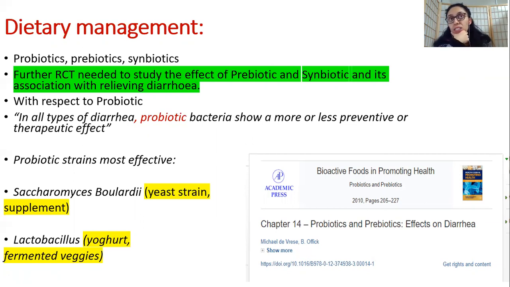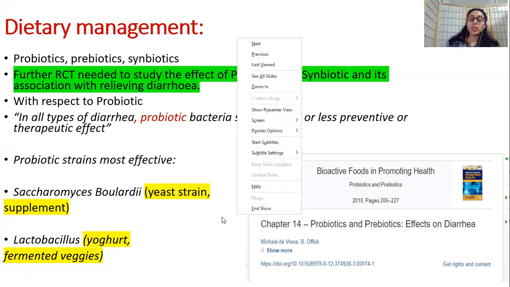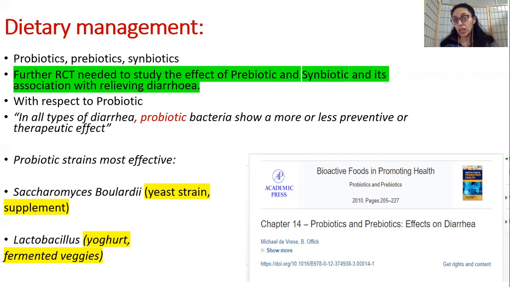But do remember, guys, you have to understand what the type of diarrhea is and which management technique to use. For example, if it is osmotic diarrhea, and you're giving a lot of yogurt to the patient, thinking that you're giving a lot of lactobacillus, this may turn very osmotic in nature, and the patient may not be relieved of diarrhea. So basically you need to know the type of diarrhea for the medical management.